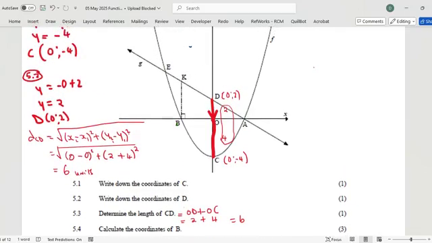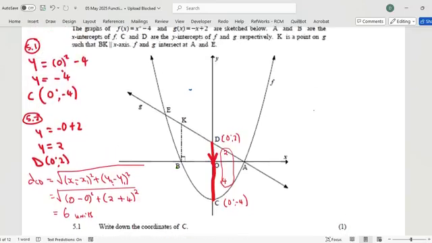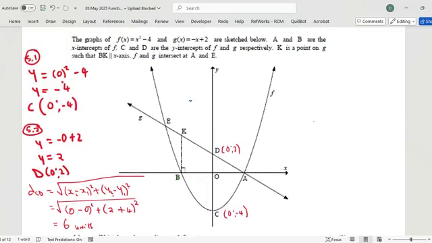No question. Let's move on to the coordinates of B. Is B the x-intercept, the y-intercept, or the point of intersection? X-intercept. So we need to find the x-intercept by saying let y equals to 0. On the F graph or on the G graph?